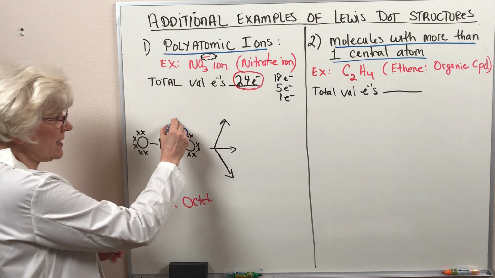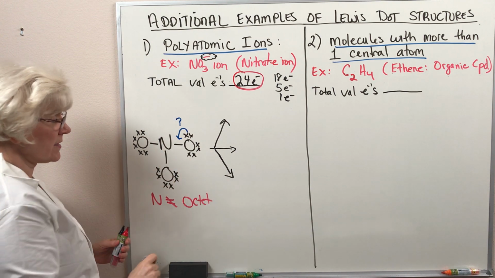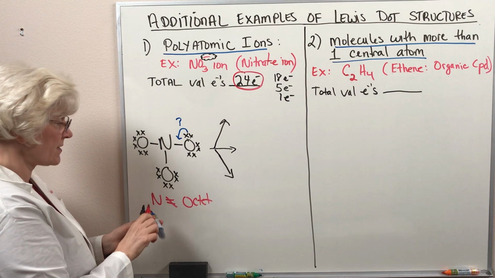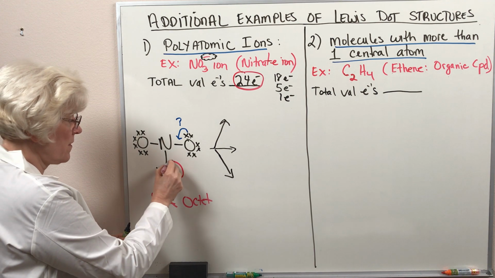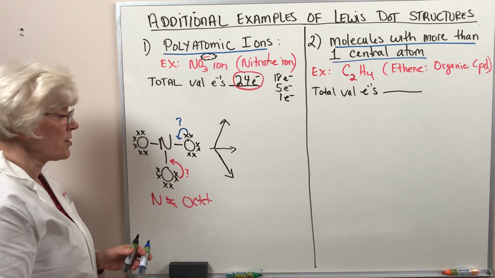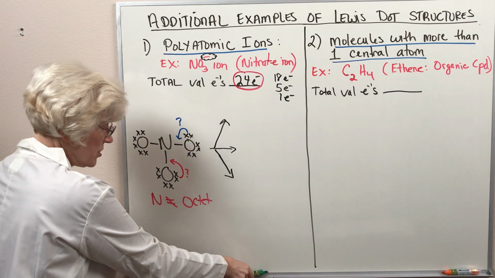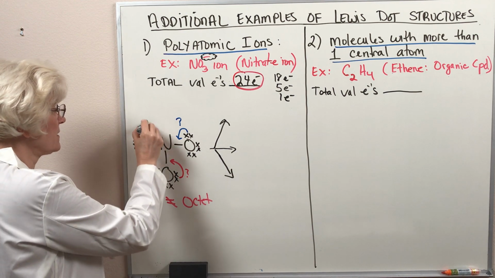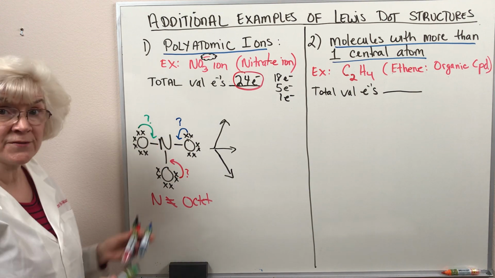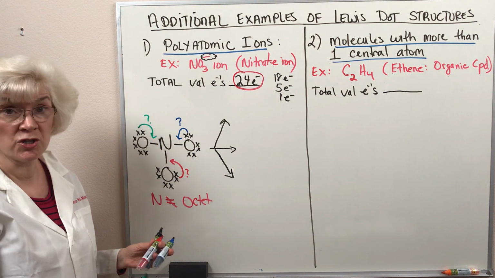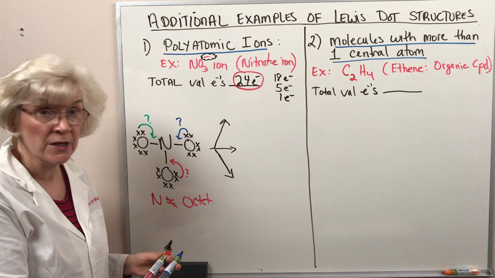The question is, does this oxygen atom, far right, serve as the donor of the electron pair, or does this oxygen atom serve as the donor, or does this far left oxygen atom serve as the donor? Which one should we use?